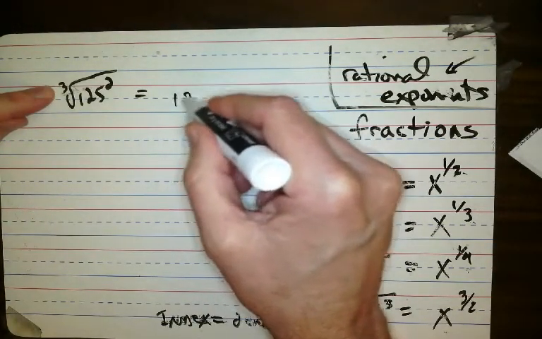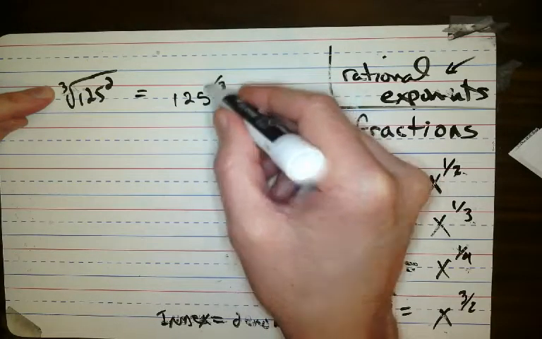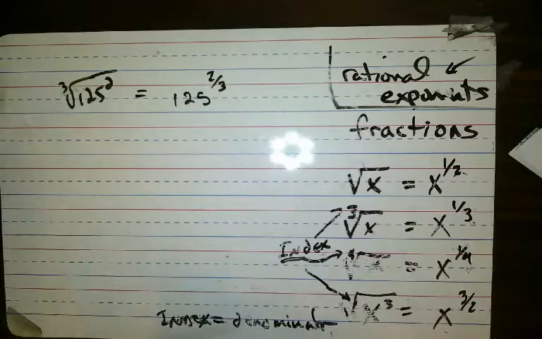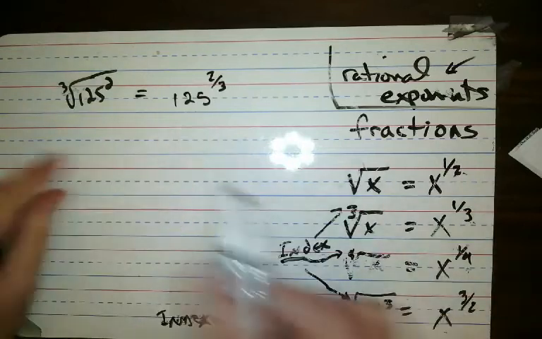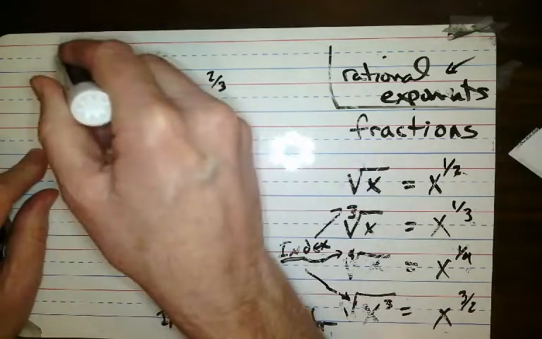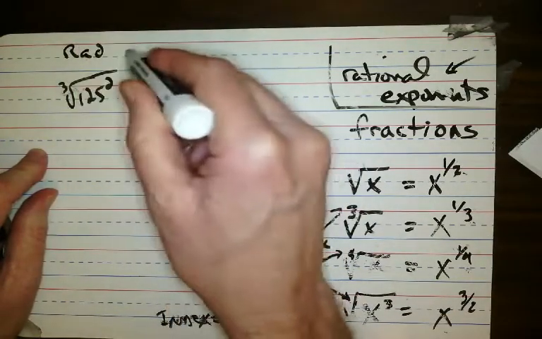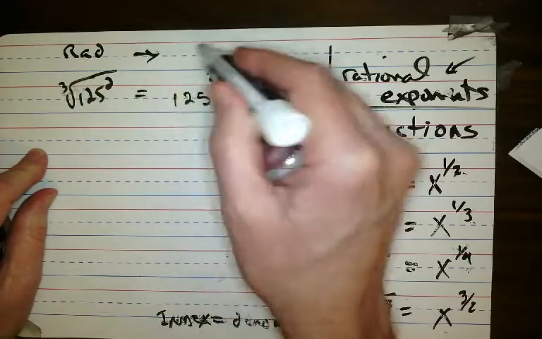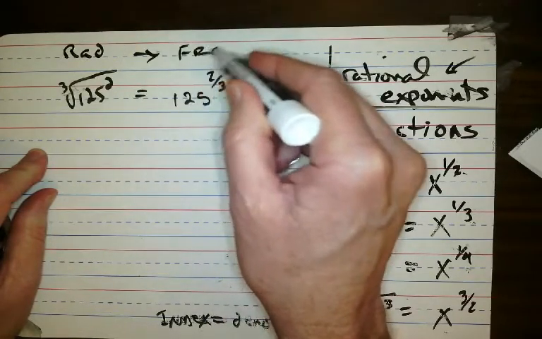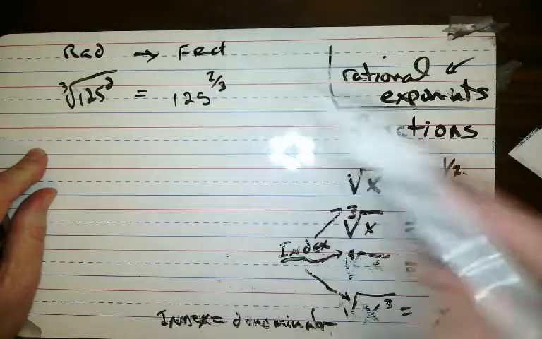And so if 3 is the denominator of my fraction, then 2 has to be the numerator. Ta-da! I did it. So if they want you to change from radicals into fraction exponents, that's easy, right?